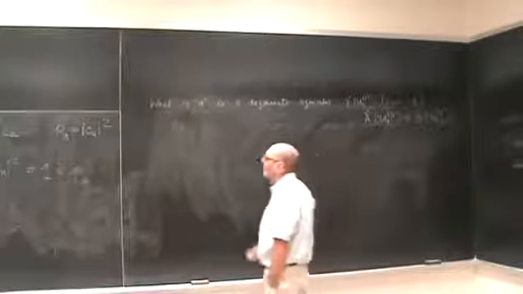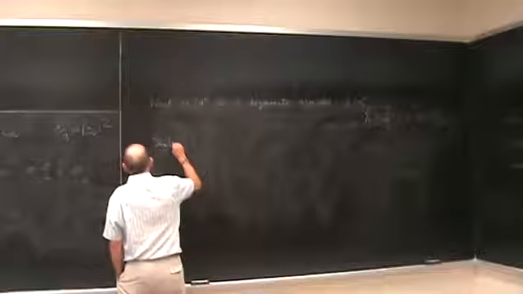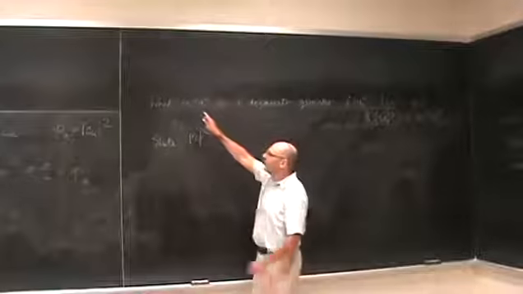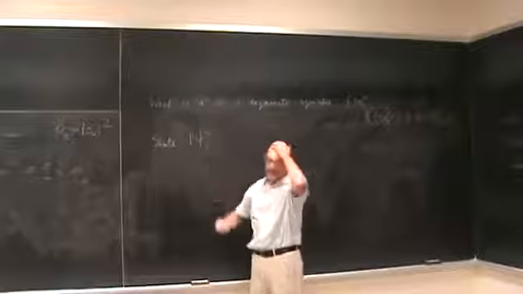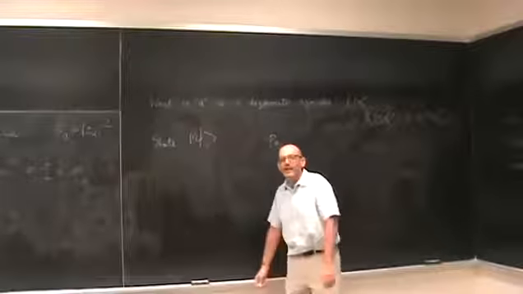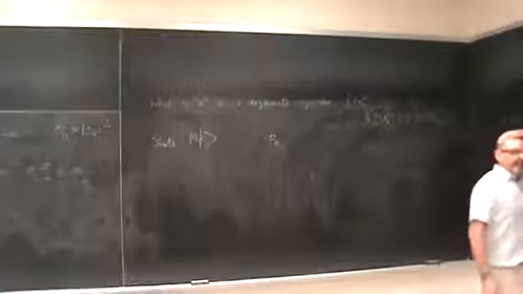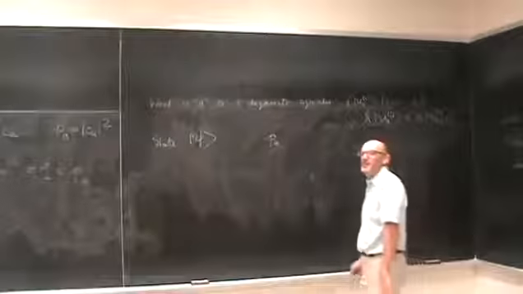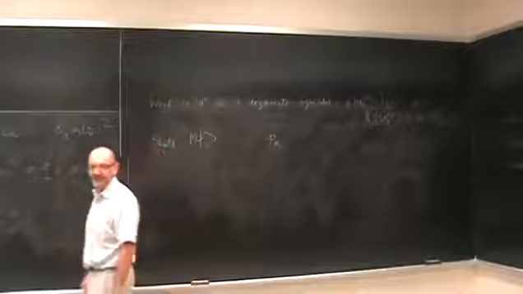What is the probability? So again, suppose the state I assign to the system is the ket psi, and I want to know what is the probability of finding this measurement outcome of observable capital A. Well, the answer is you can't tell me because I haven't given you enough information.